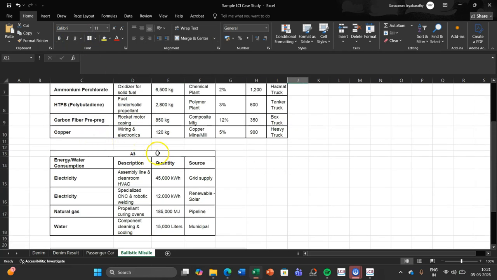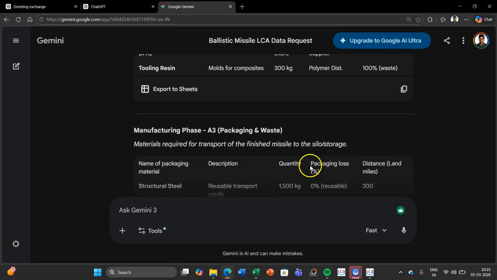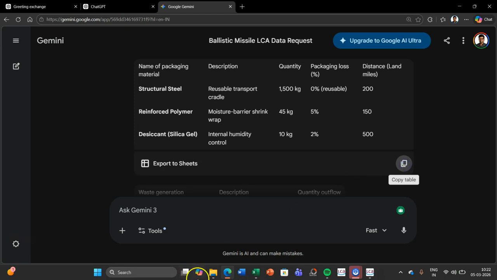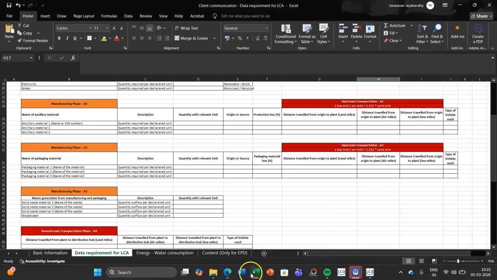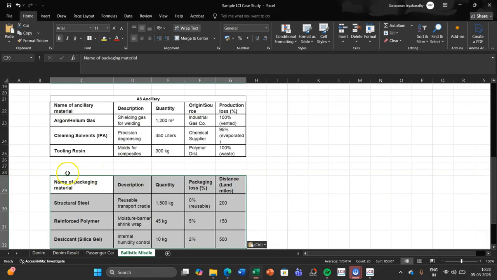This is A3 manufacturing and energy. Okay, what's next? A3 packaging. Okay, materials required for transport of the finished missile to the silo or storage. Nice. Okay, there are some packaging materials as well involved.